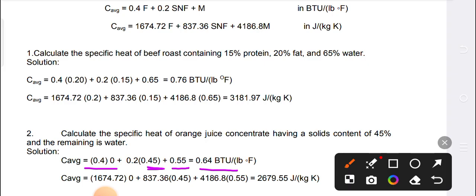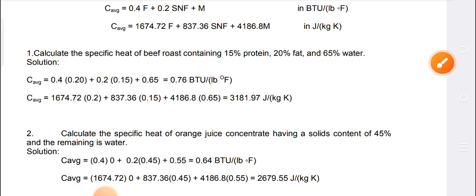For the SI estimated specific heat, you have here 0 kasi nga again walang fat content, and for the solid non-fat 0.45 times 837.36 plus the mass fraction of moisture, which is 0.55 multiplied to the constant 4,186.8, and put everything in your calculator, and then you're going to have 2,679.55 joules per kilogram per Kelvin.